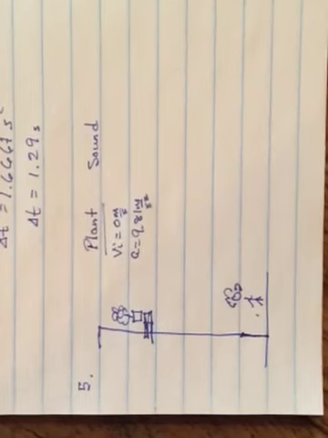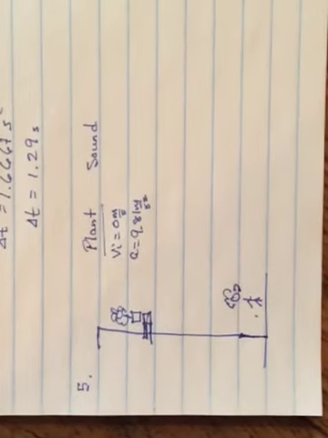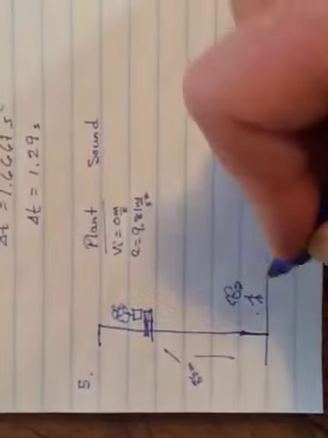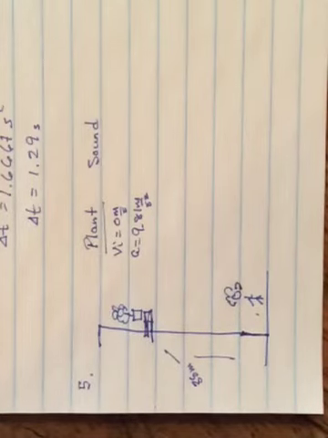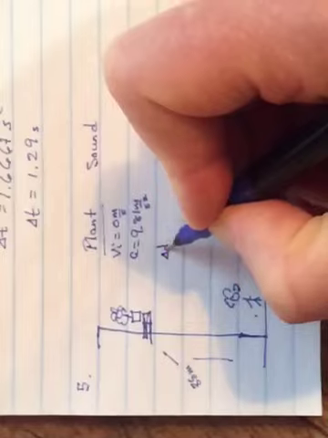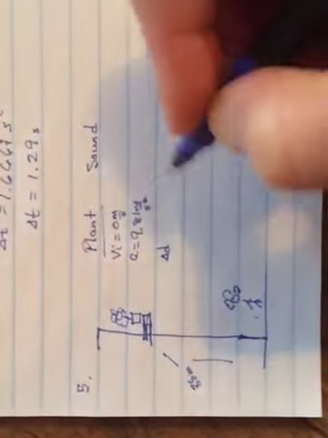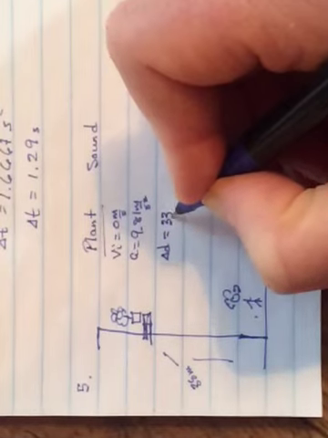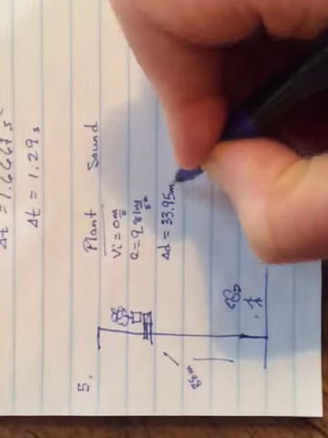Okay, and then it says he's 35 meters above the ground, so like he's in a window quite far up. So this whole thing is 35 meters, right? But she is 1.05 meters tall. So how far does the plant have to travel? It's the 35 meters minus the 1.5. So the plant has to go 33.95 meters.